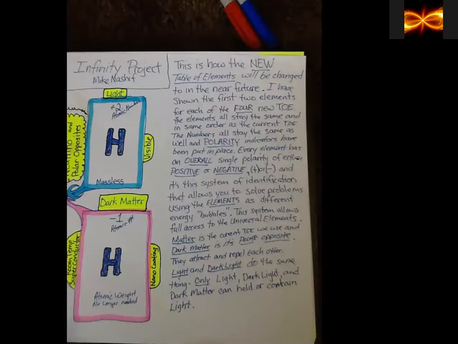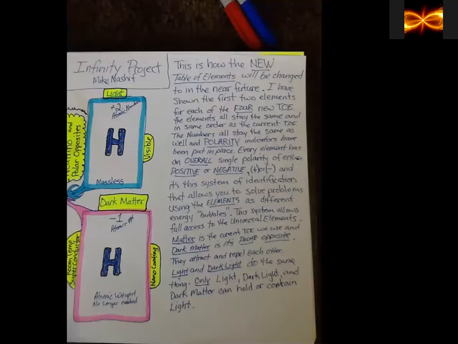I've shown the first four elements of the new table of elements. All the elements stay the same and in the same order as the current table of elements. The numbers all stay the same as well, and polarity indicators have been put in place. Every element has an overall single polarity of either positive or negative, plus or minus.